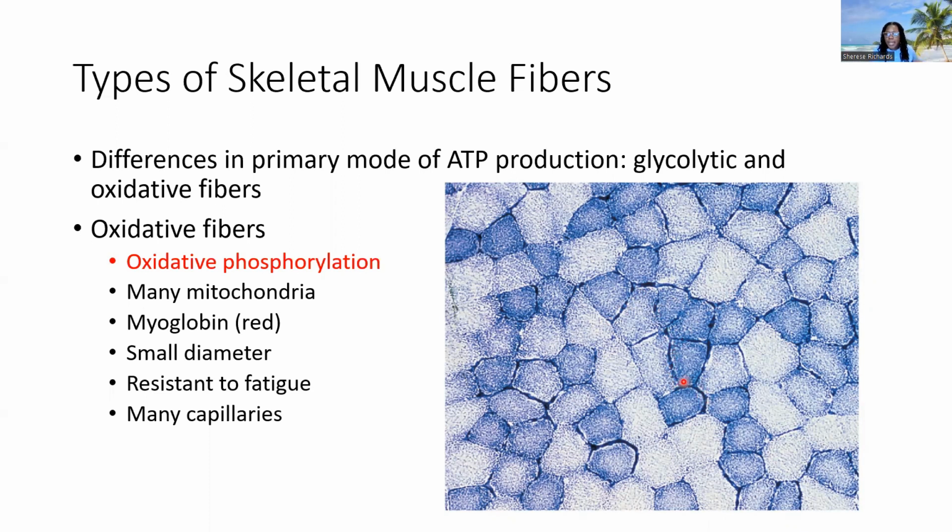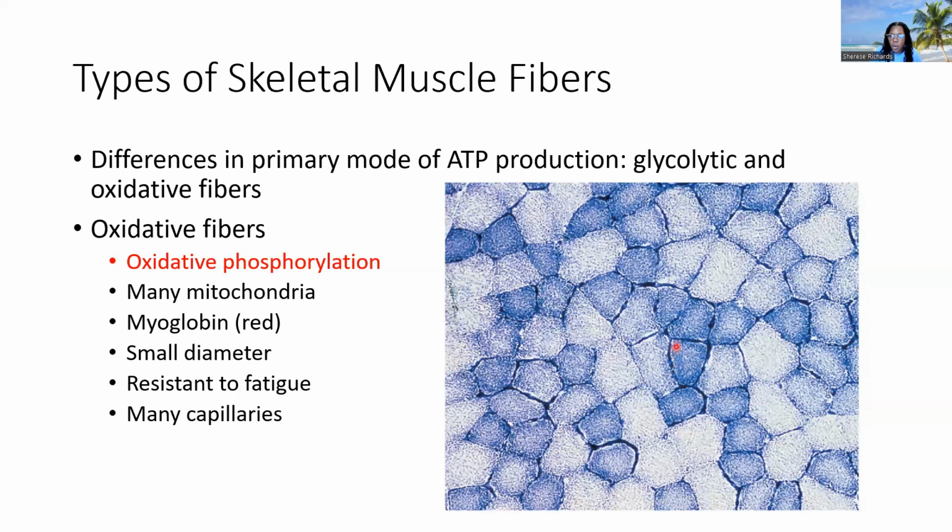And again, just to explain why we need more capillaries and a smaller diameter: we need oxygen diffusing from these capillary beds into these muscle fibers because we need oxygen to power oxidative phosphorylation. Okay, it's a requirement for oxidative phosphorylation.